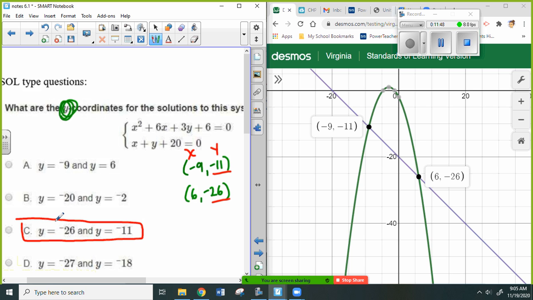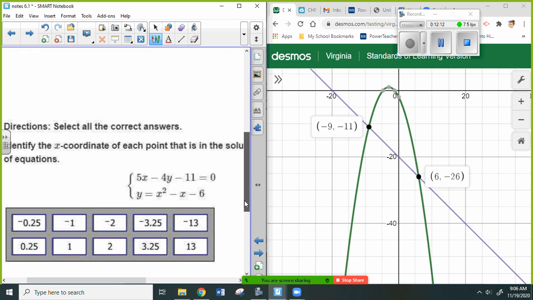A is tempting, but those are the x values. And if you really want to write all of this down, you can run back through the video after I post it, but it's really just a matter of you listening right now.